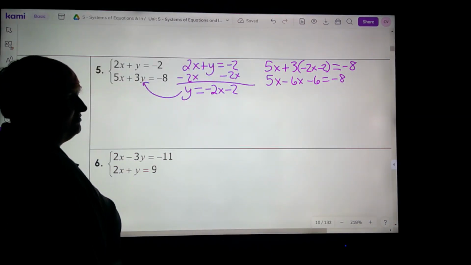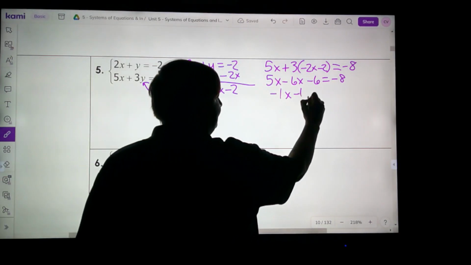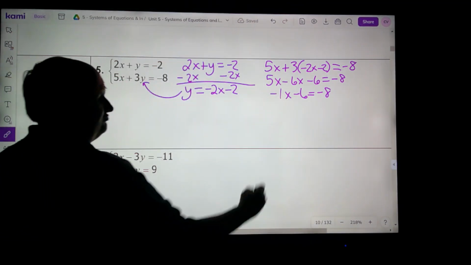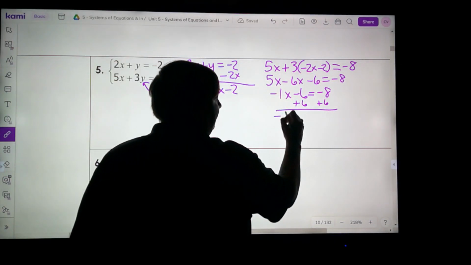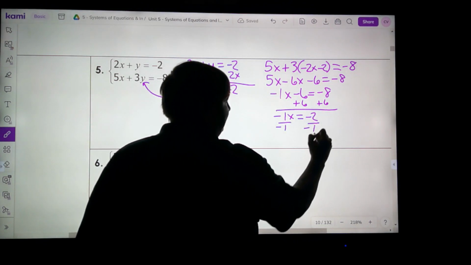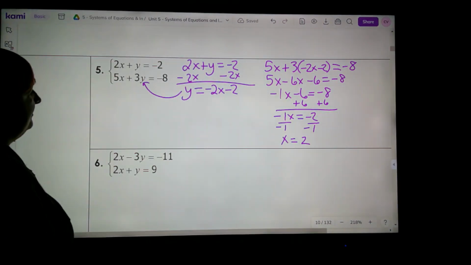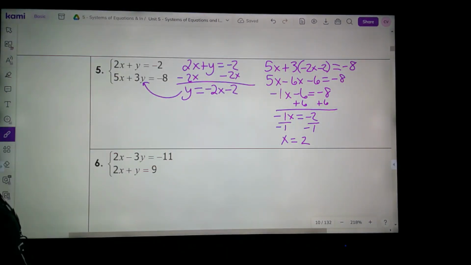Combine my like terms. 5x minus 6x is negative 1x. Negative 8. Get rid of the constant by doing the opposite. Get rid of the coefficient by dividing. X is 2. Now I can go back and put it in either equation.